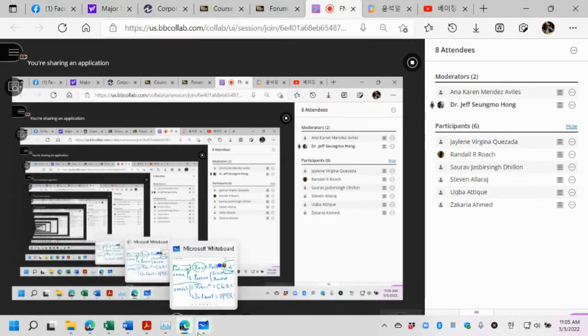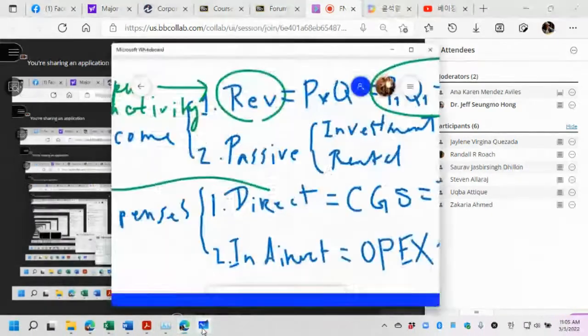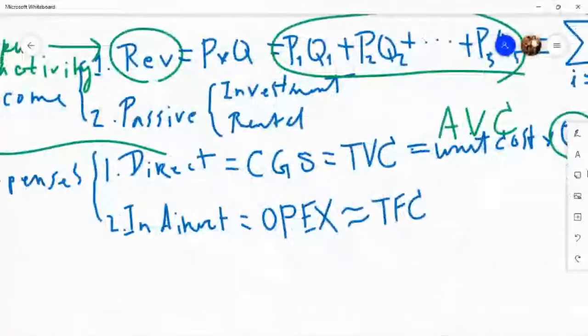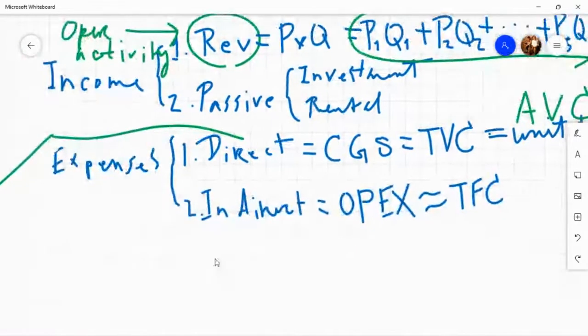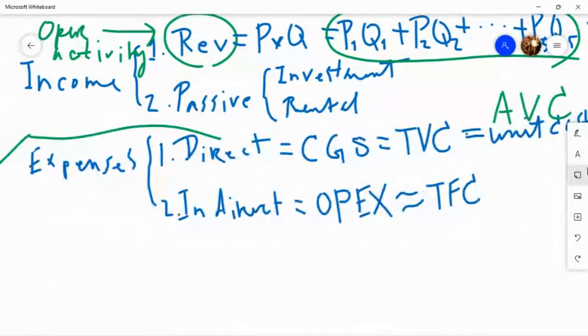All right, so in the last class, we were looking at the structure of the income statement, and basically two major components, income and expenses, right?